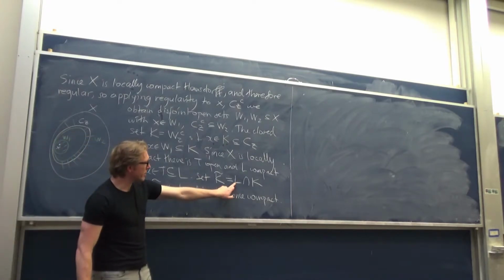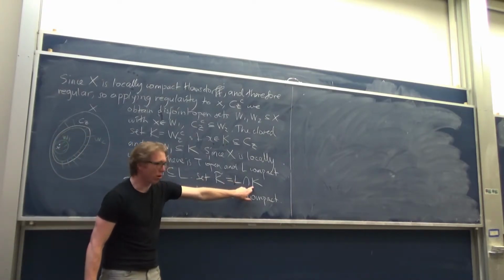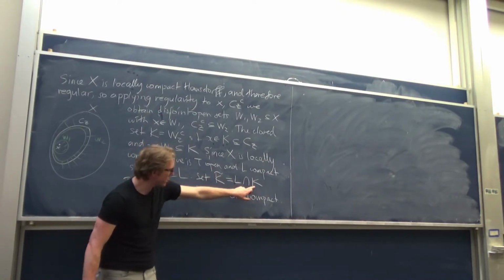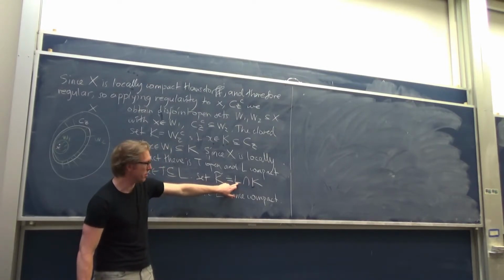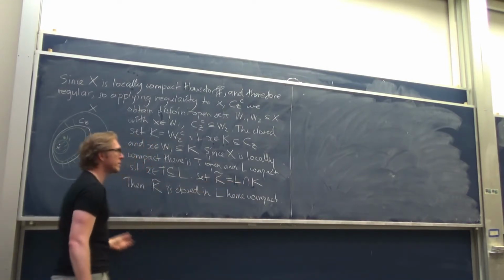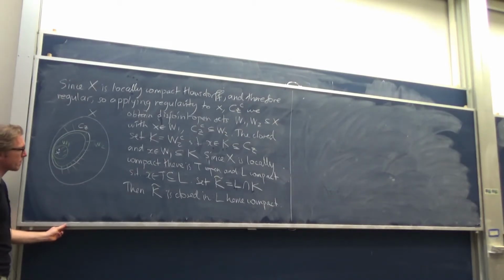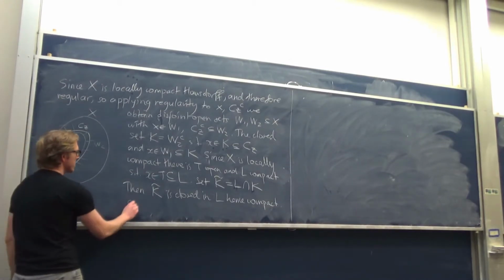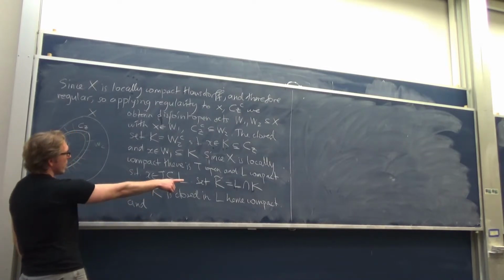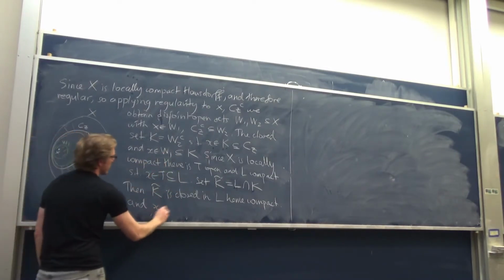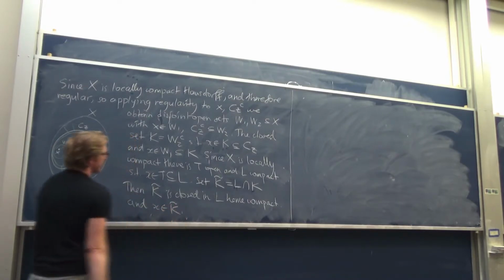Well, L is compact and K is closed in X. So intersecting L with K gives me a closed subspace of L in the subspace topology on L, and therefore it's compact. All right, so K tilde is compact. And X is in L, and it's also in K, so X is in K tilde.